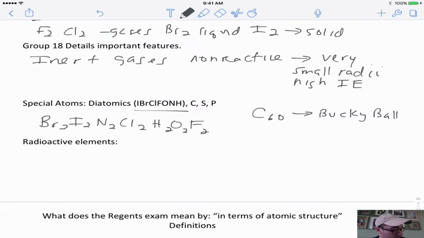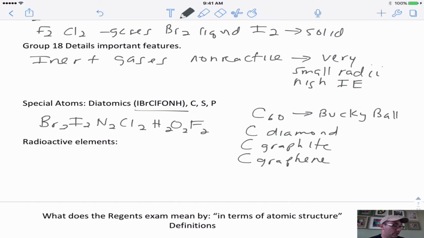But carbon could also be in the form of diamond, graphite, and even something called graphene. We'll talk about all of these when we do types of solids and bonding. Sulfur, for example, can also exist as 8 sulfur atoms together, and phosphorus can exist as 4 phosphorus atoms together. So sometimes atoms just bond with themselves, and that makes them more stable.